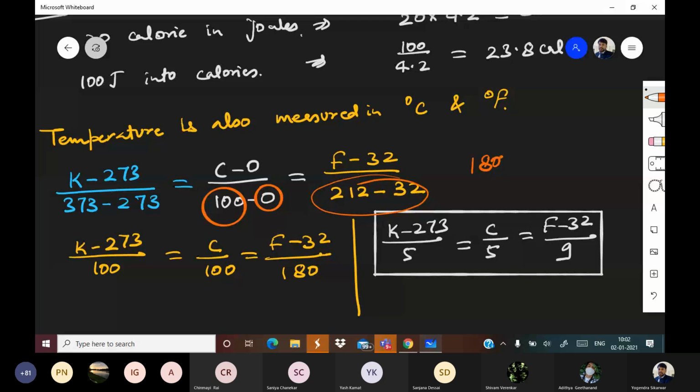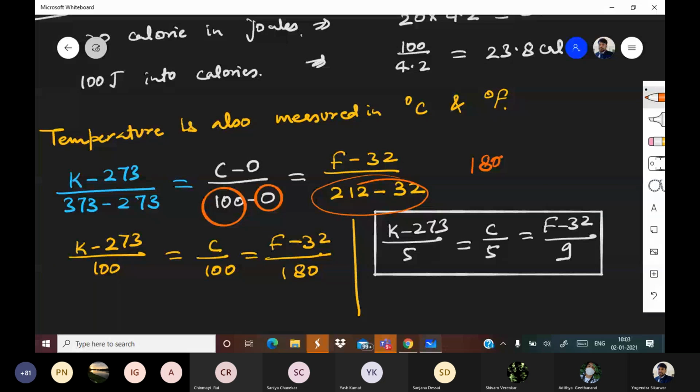Even a slight change of temperature in the human body has a very important impact on human life. Suppose I am talking in terms of degree Celsius, a 1 degree Celsius change in human body temperature becomes 1.8 degree Fahrenheit.